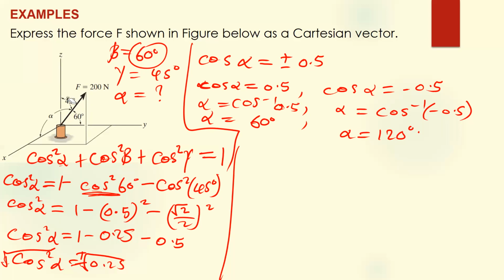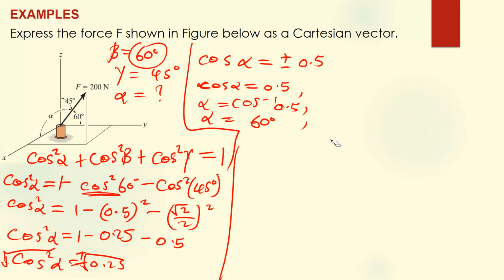Or if you don't want to use the quadrant, you can see that it's bending towards the x-axis. Hence, this angle can't be 120. It can only be 60 degrees. So this one is not part of our solution. We're just going to go with 60 degrees as our solution.